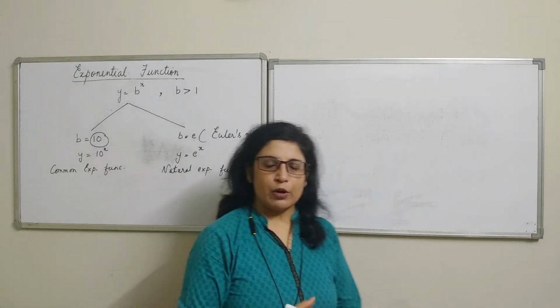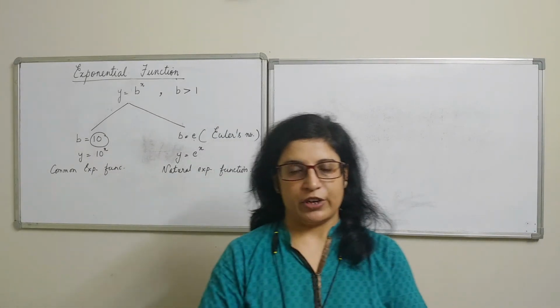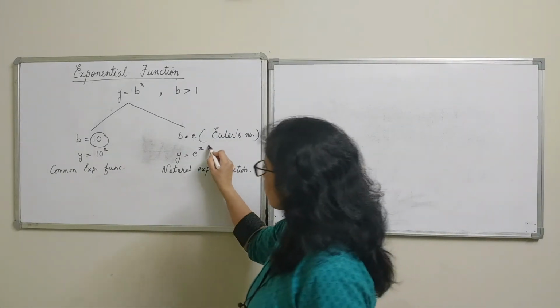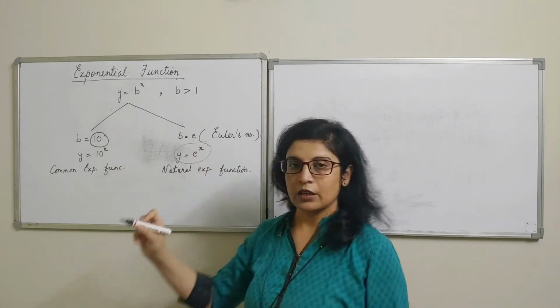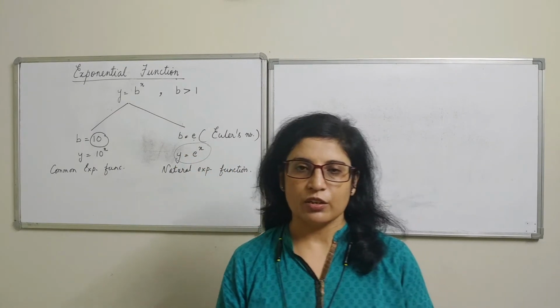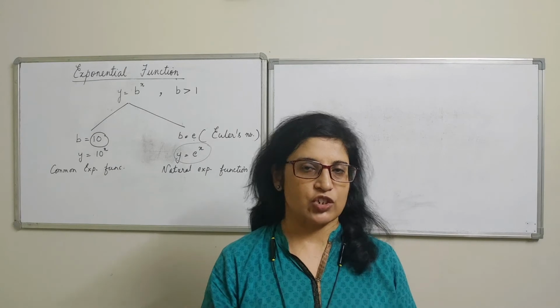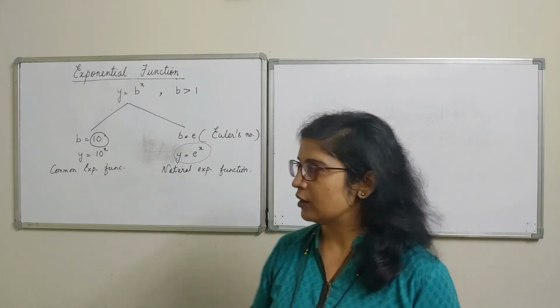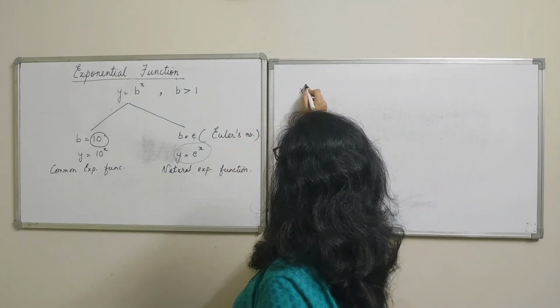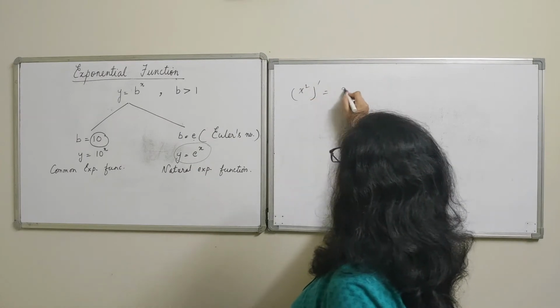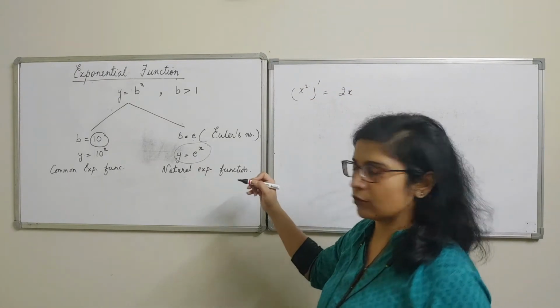What is special about y is equal to e to the power x? When you differentiate this function, this is the only function which gives you back the same function even after differentiation. You differentiate x square, you don't get back x square, right?